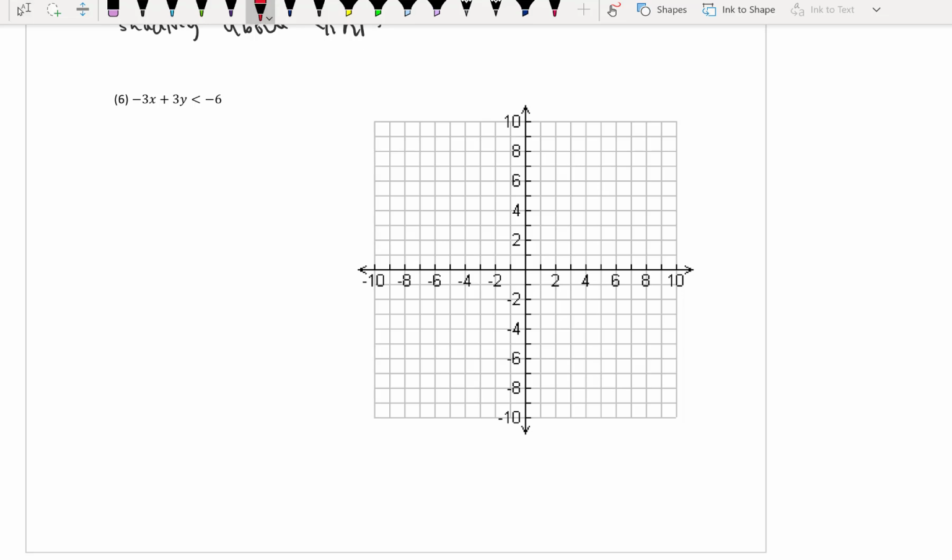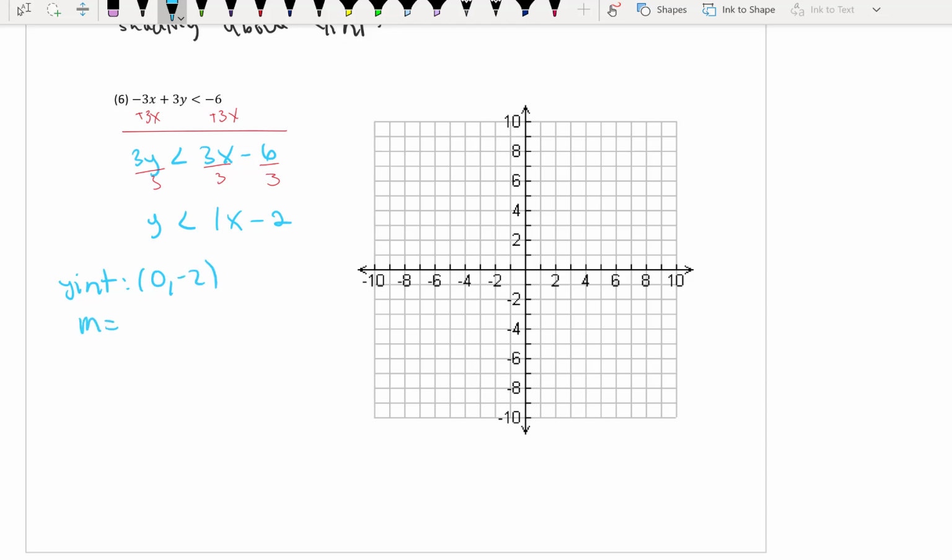Now for number 6, same thing. I need to get the y isolated. So I'm going to add 3x to both sides, so that way I can have 3y is less than 3x minus 6. Now I'm going to divide each piece by 3 so that y is less than 1x minus 2. So my y-intercept is 0, negative 2, and my slope is 1 over 1, so I can go up 1 to the right 1. It's also the same as going down 1, left 1.